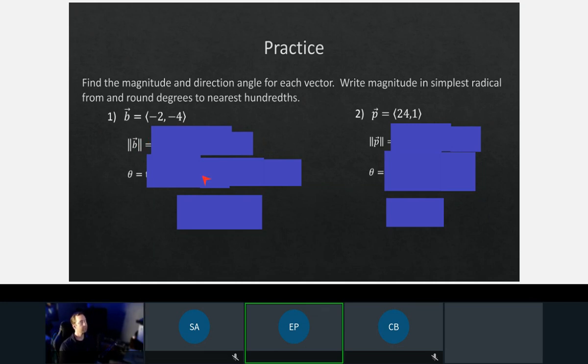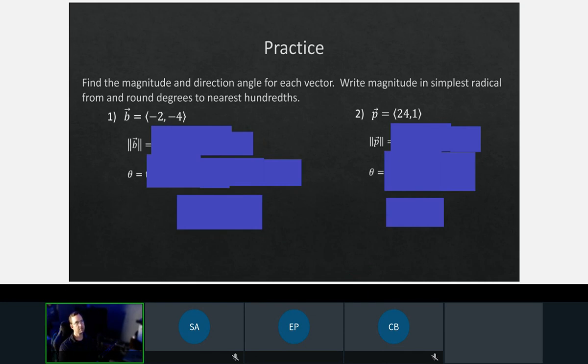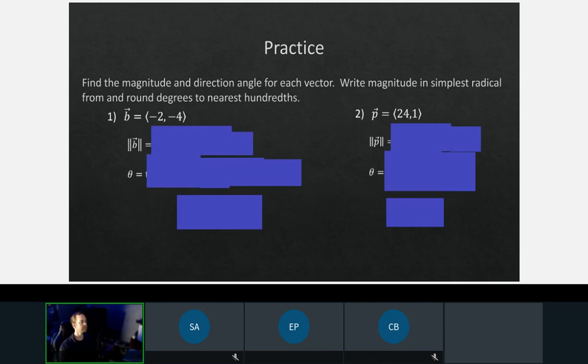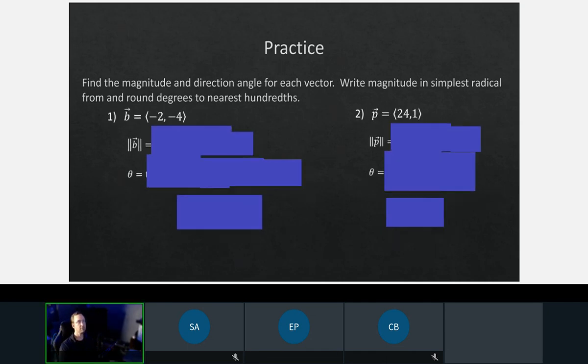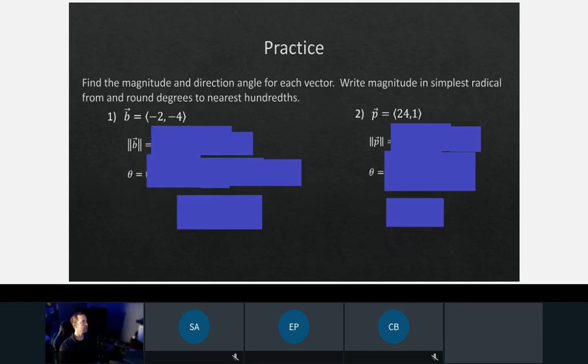Number 1 on this page is different from number 1 on the last page. I'm glad you brought that up. I totally did that on purpose. I totally believe you. Have no idea how that even happened. 14, -48. Yeah, I don't know. That's really weird. -2, -4.